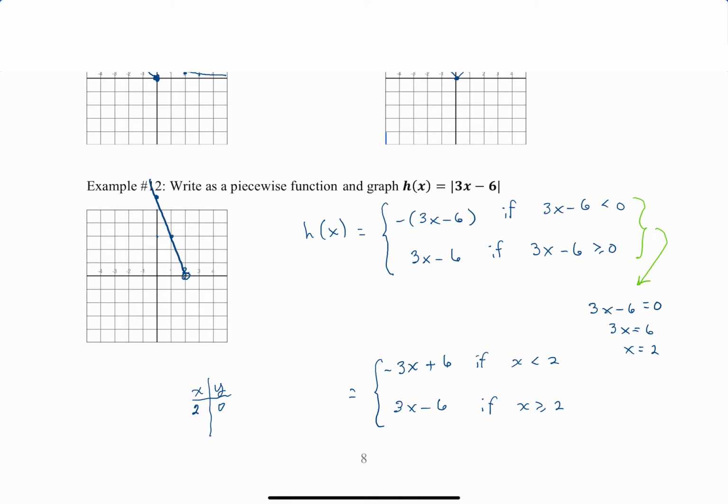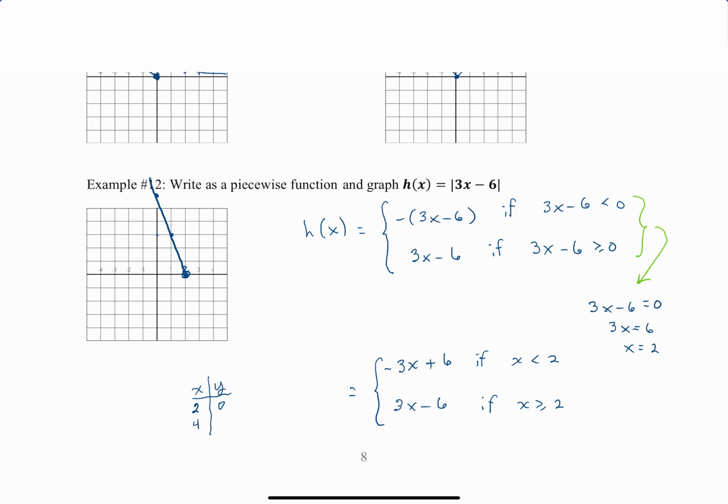So this dot's actually now going to get filled in because there's a dot right there from the other piece. And then how about we graph x equals 4, so that's 12 minus 6, which is 6. So up there.